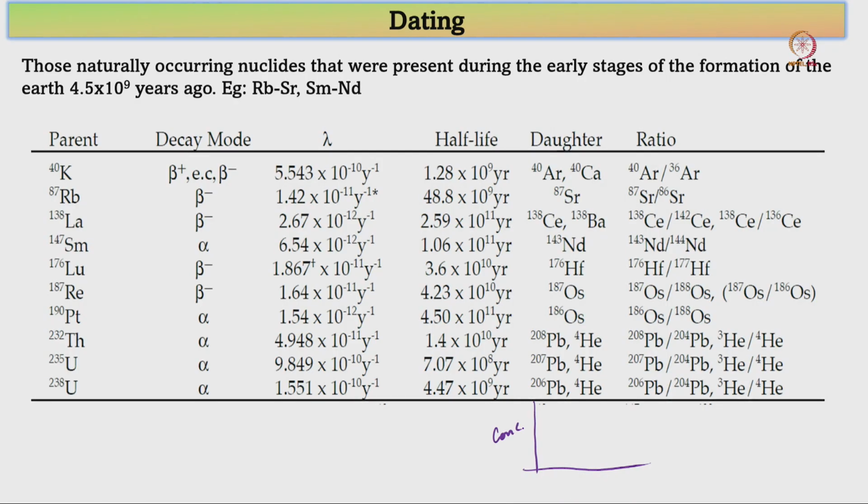Why does half life matter? In the previous lecture we showed a plot where we were plotting concentration against the number of half lives: 1 half life, 2, 3, 4, 5, 6, 7, like that.